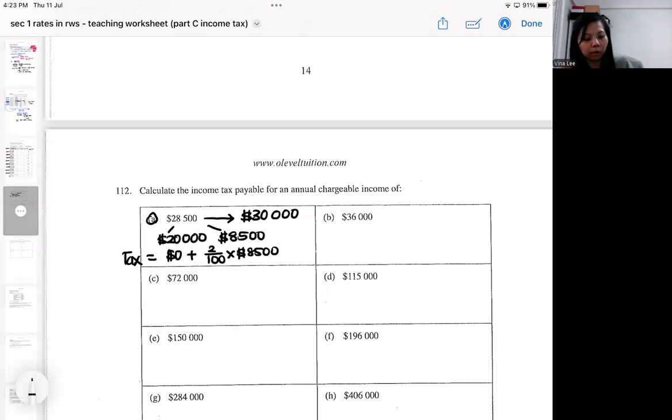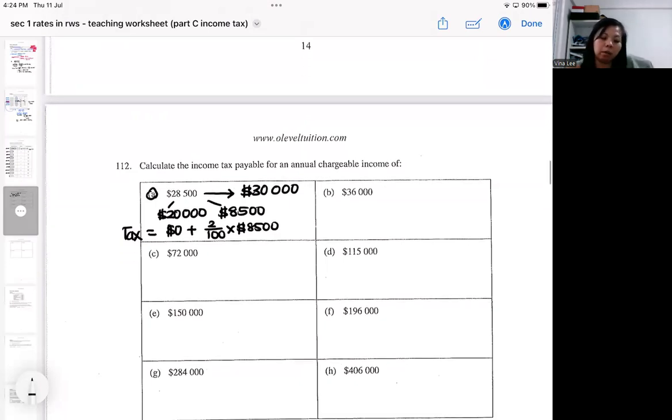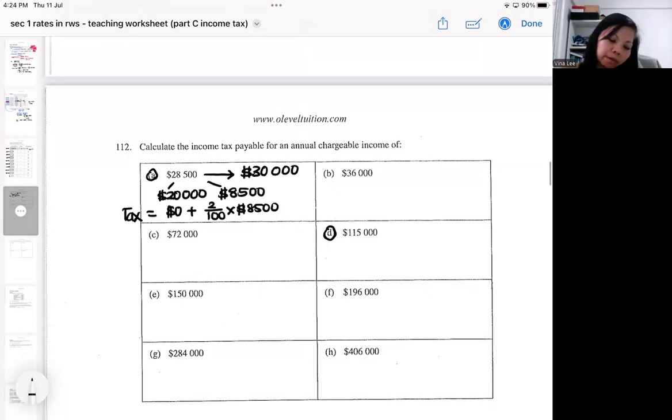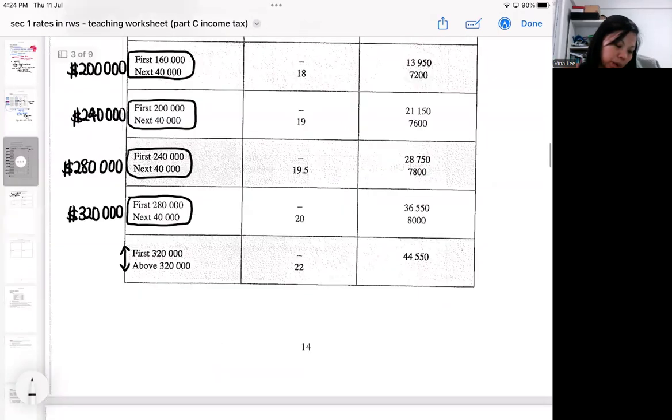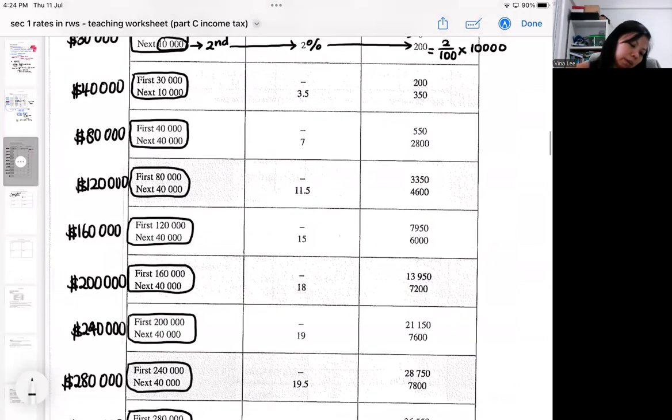Okay, I'm not going to press it out for you. I'm just going to randomly choose a few so that you can see how we break into the bracket. So maybe I choose D. D is 115,000. So which bracket should he choose? Okay, for 115, we'll choose the 120,000.